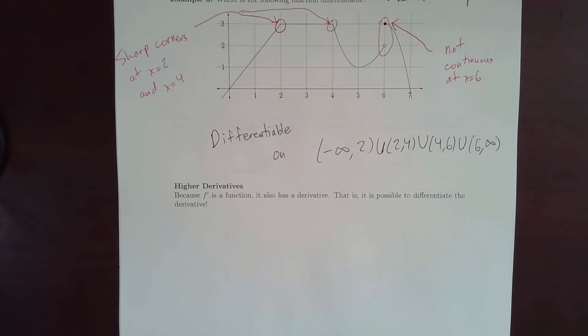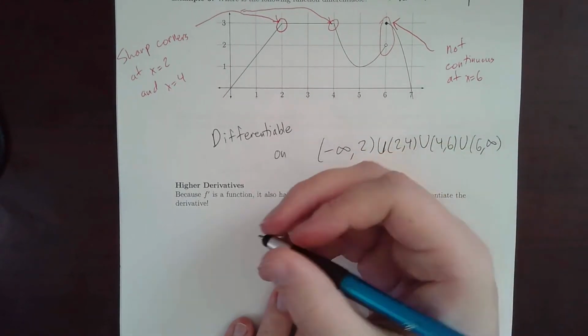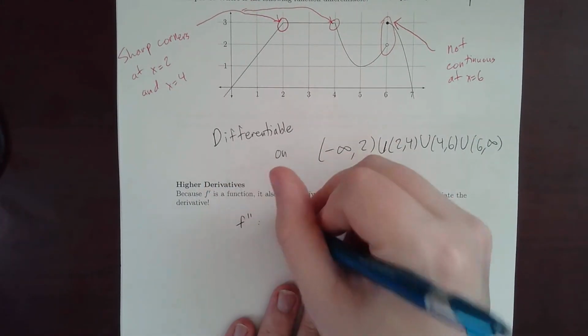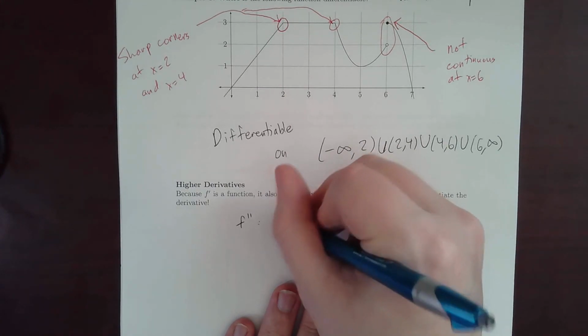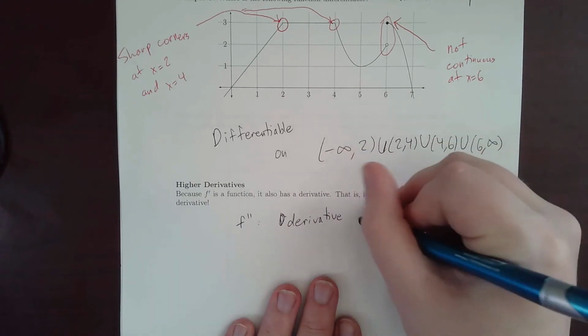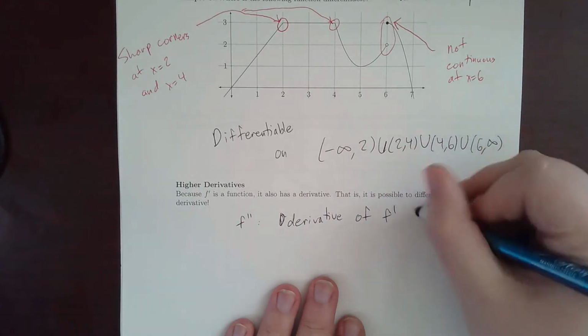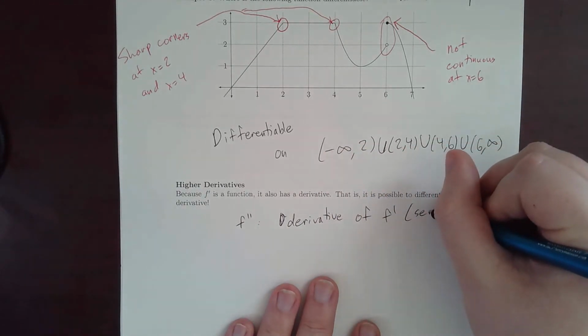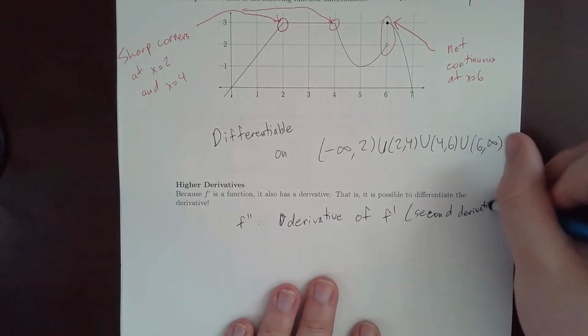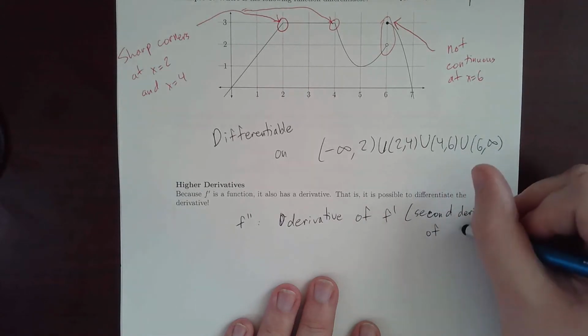So the derivative of our derivative is going to be denoted as f double prime, which is the derivative of f prime, sometimes called the second derivative of f.